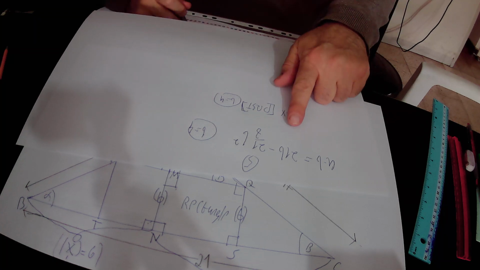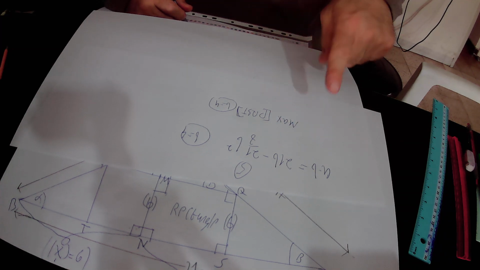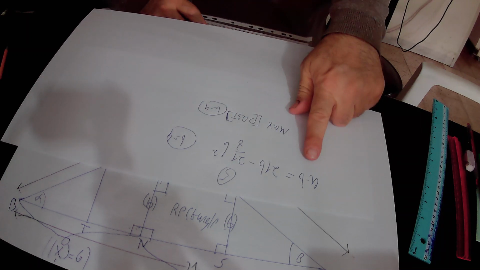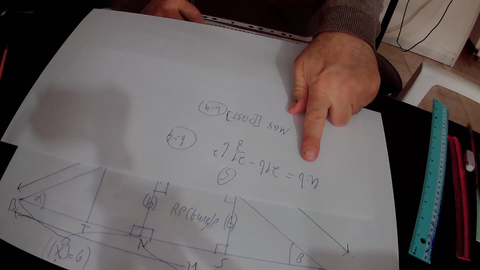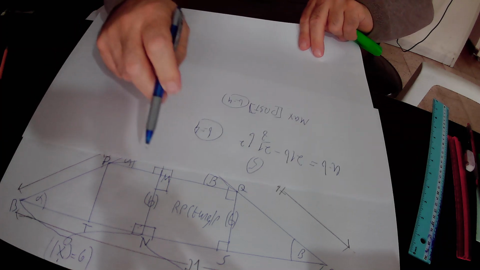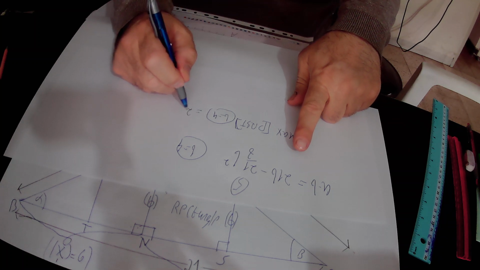Therefore, we substitute B by 4 in this function area, and we get the maximum area of this rectangle PQST. Why? Because A times B is the area. So A times B, that is the area of this rectangle PQST, equals 21 times B.